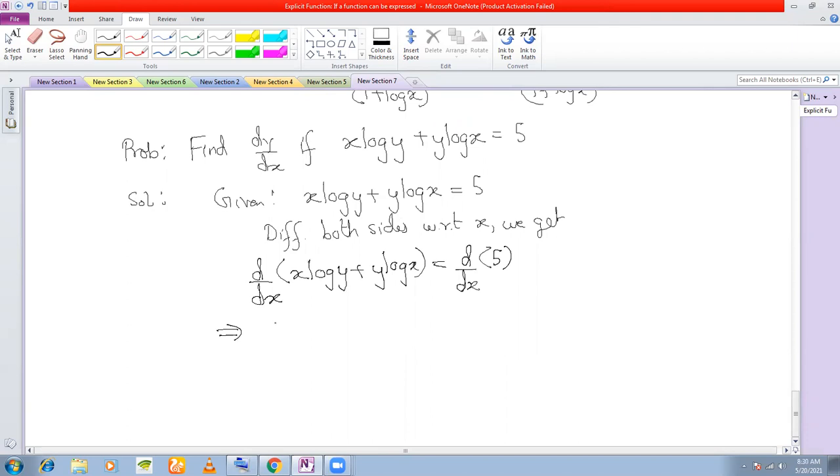Now you will differentiate both of them separately: d/dx of x log y plus d/dx of y log x is equal to 0.